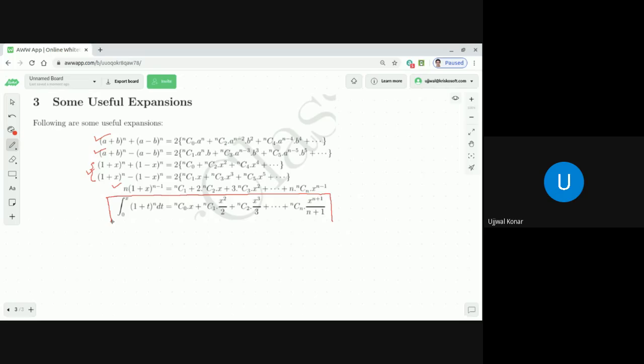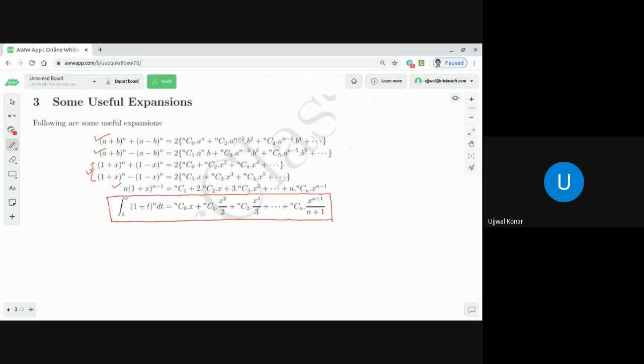Integration 0 to x of (1 plus t) power n dt is equal to nC0 into x plus nC1 into x square by 2 plus nC2 into x cube by 3 plus dot dot dot plus nCn into x power (n plus 1) by (n plus 1). We will see it later.